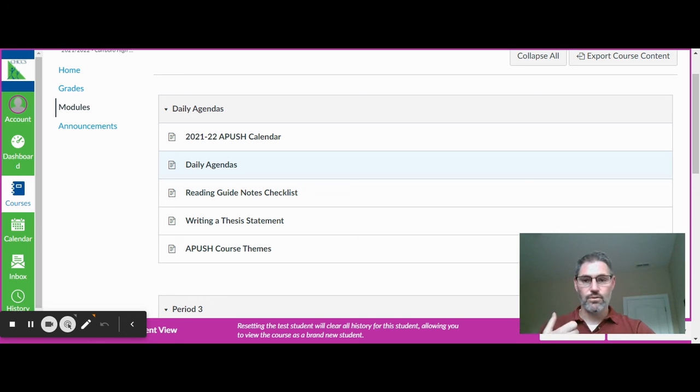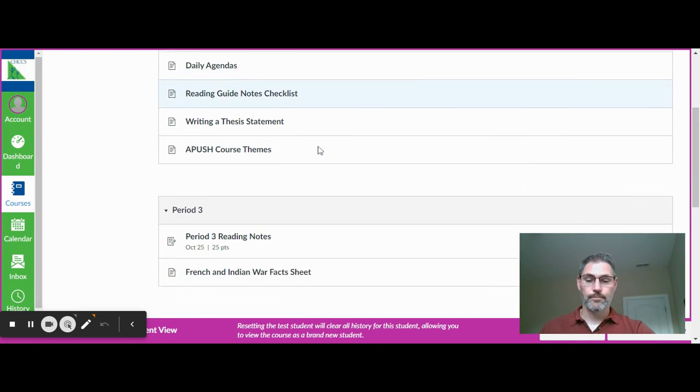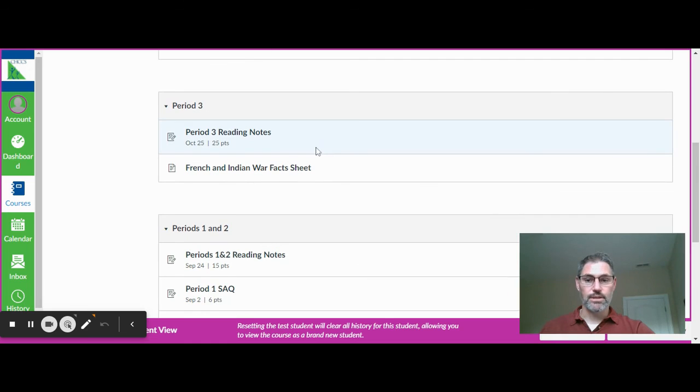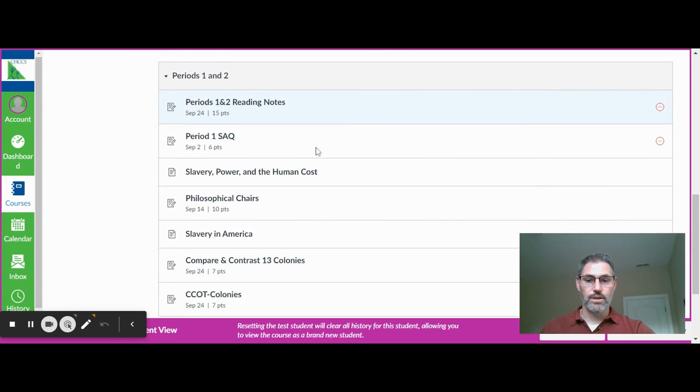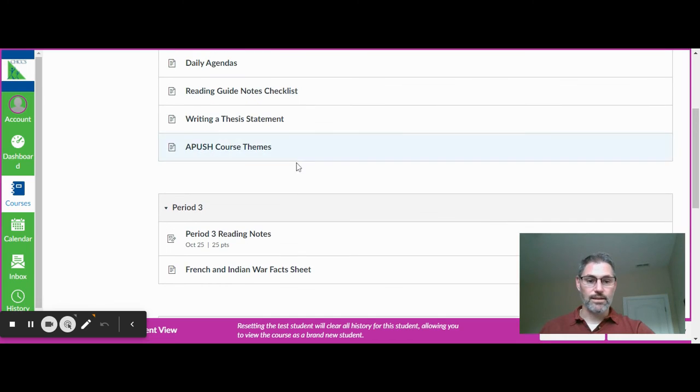They have video and extra resources that the student might need, or enrichment. These other things are just guides and reminders. There's the calendar, which shows where we'll be at any point during the year. And each module is a period. Periods 1 and 2 were here, and now we're on period 3 and adding to it.